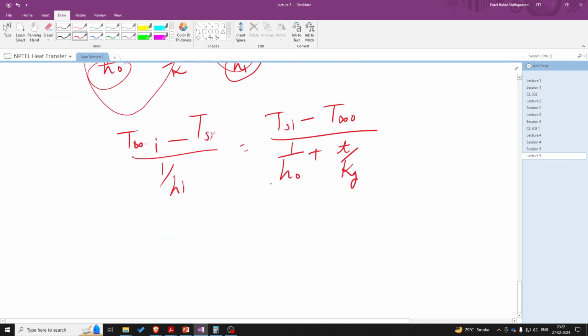So now we can replace all those values over here and you can try to find the value of Hi.